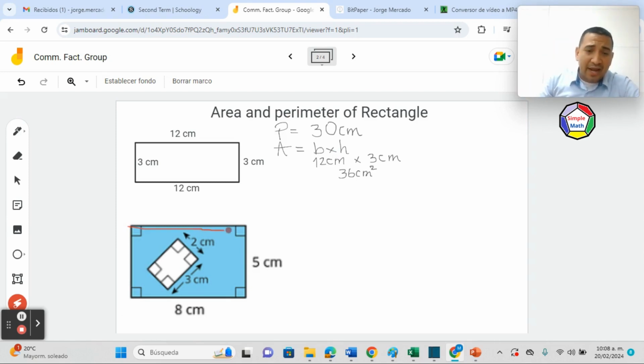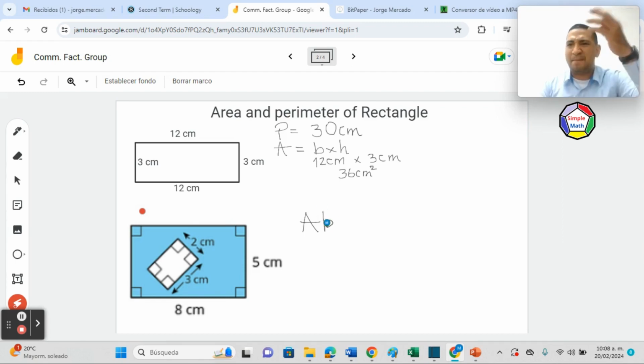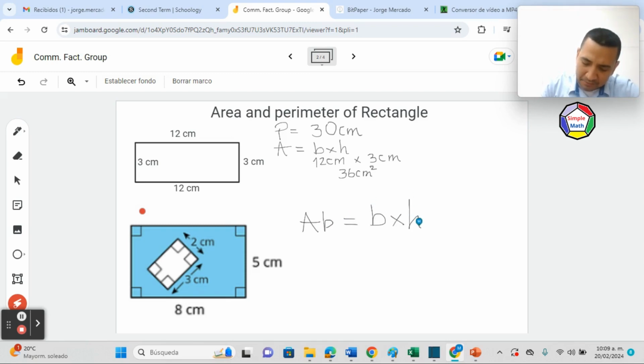So the shaded area is, let's calculate the area of the big rectangle. Let's call the area AB, which is the big area or the area of the big rectangle, equal to base times height. It's the same formula. The base is 8, the height is 5.